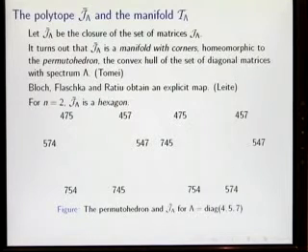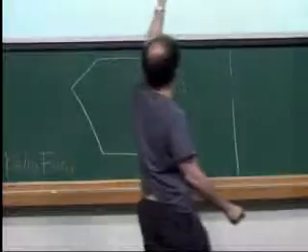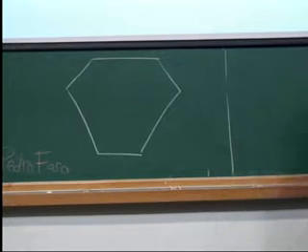Well, I'll draw it, because it's drawn here as a hexagon, but you cannot see it because there's too much light. So here you should see a permutohedron with the 6 vertices shown there.